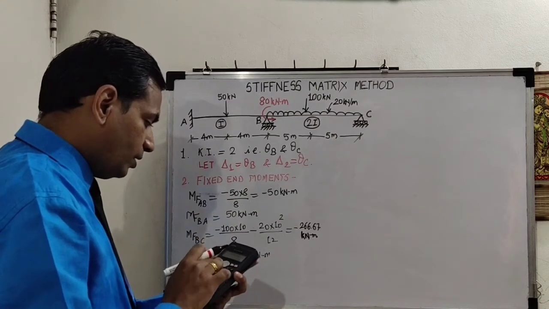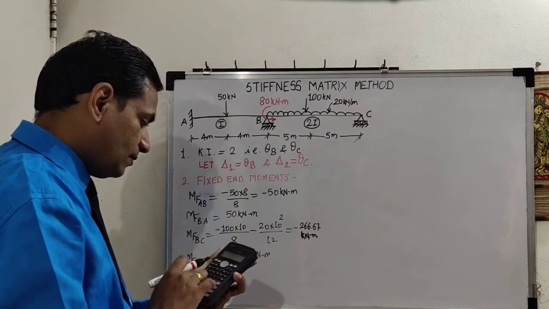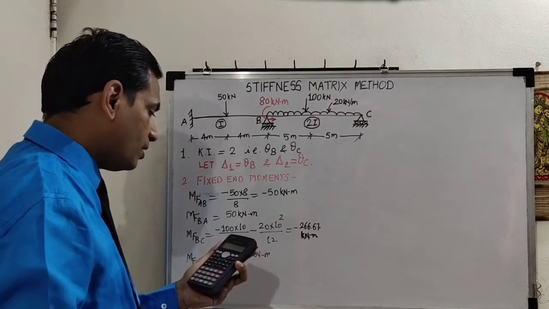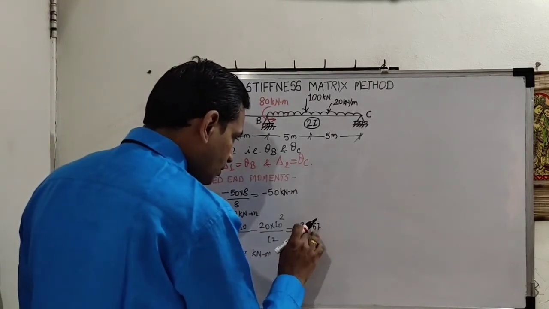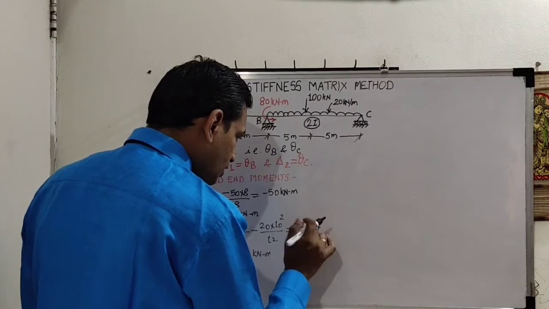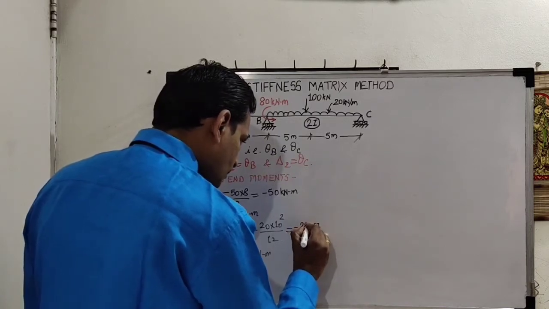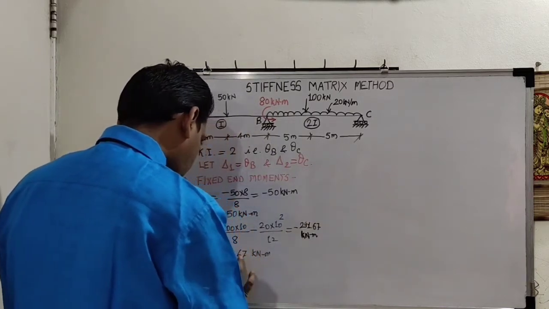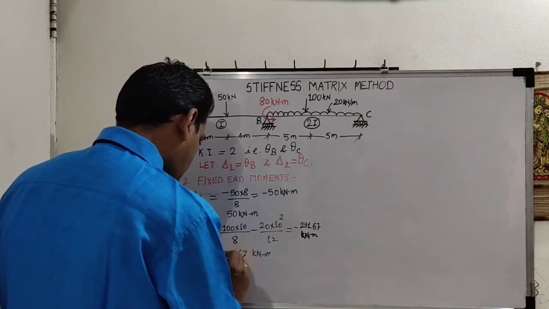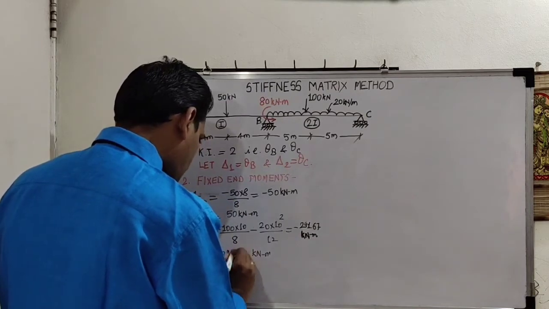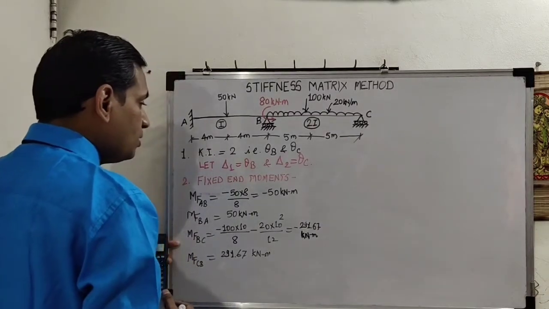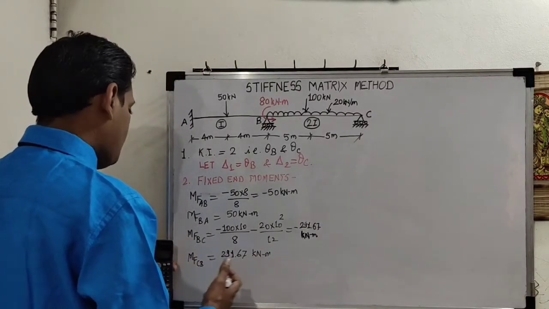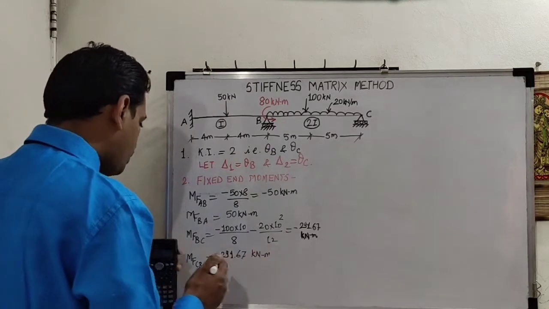So this will be different and not 266. I think it will be 291. Yes, minus 291.67. So let us make these two changes. 291.67. Okay. So we have rectified our mistake and we have finished with second step.